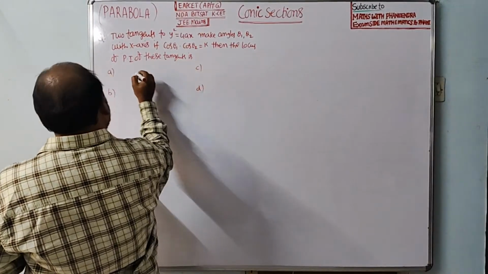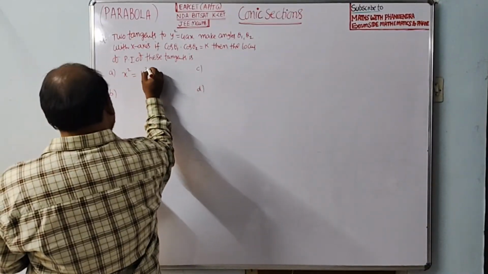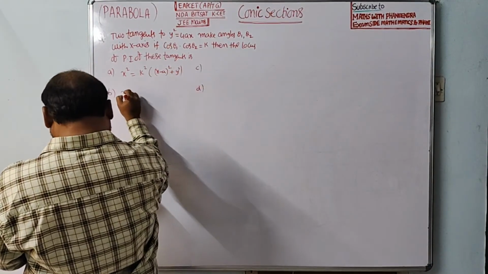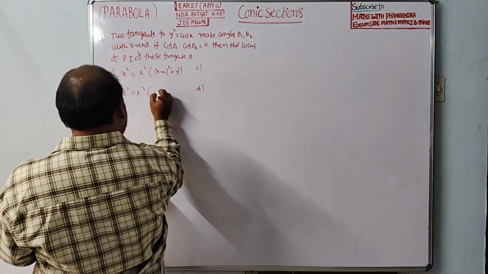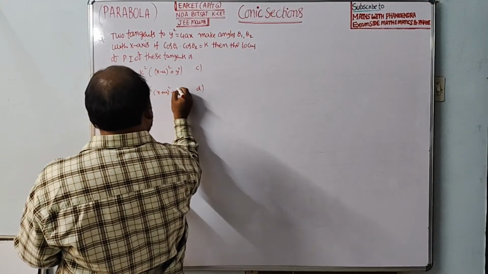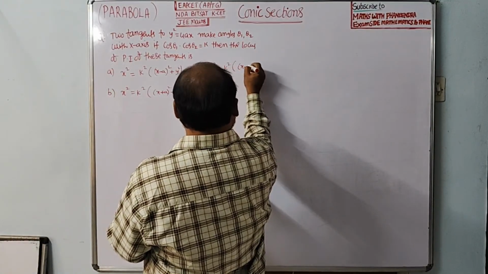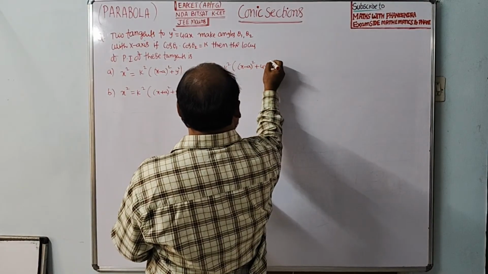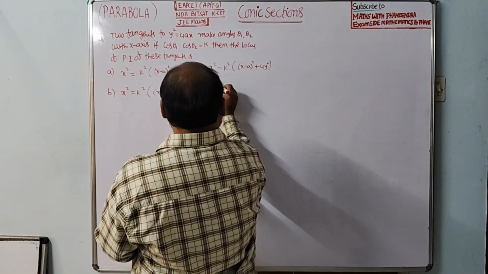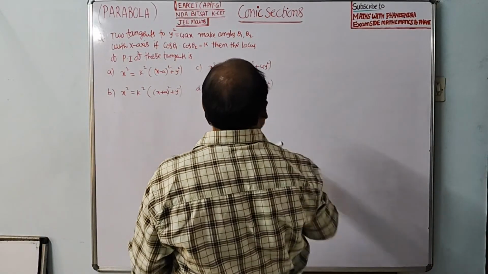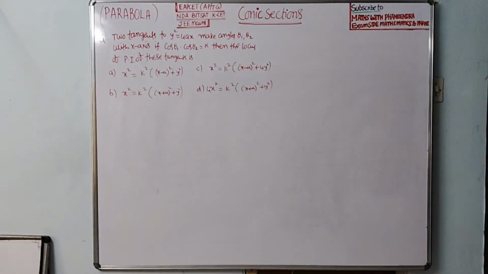It's a good question and a little big question. x square equal to k square into (x minus a) whole square plus y square. x square equal to k square into (x plus a) whole square plus y square. x square equal to k square into (x minus a) whole square plus 4y square. 4x square equal to k square into (x plus a) whole square plus y square. So this is the way the question is. See how you are going to perform based on that.